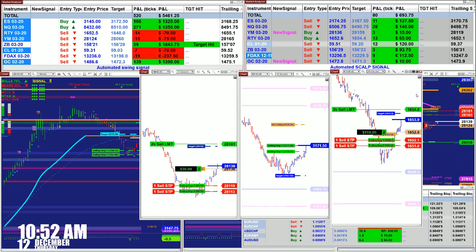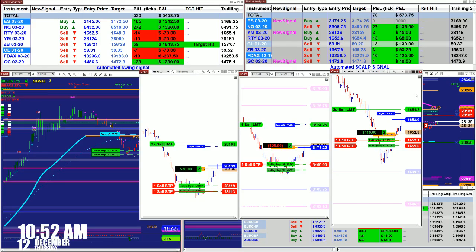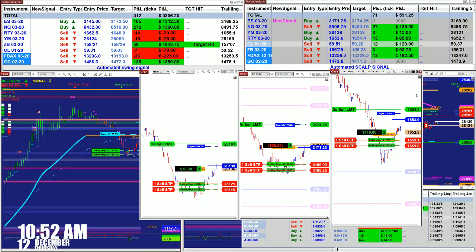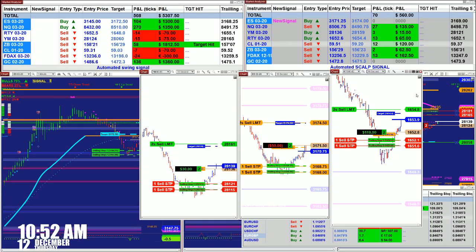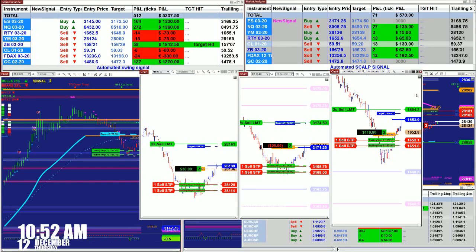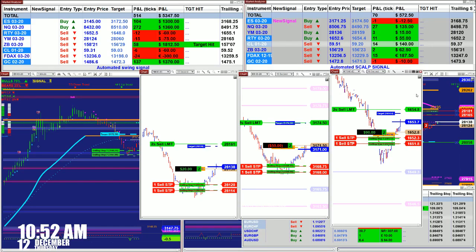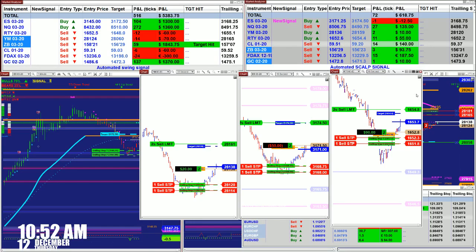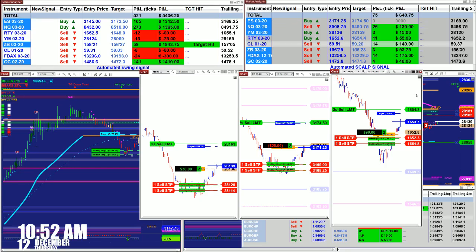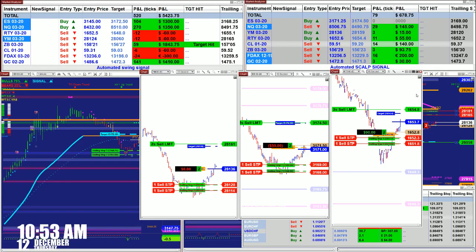There we go, beautiful. And the YM and ES already started taking a trade to the long side, and this is where the turbulence is going to start developing. So it was a beautiful day, very nice day. On the way up, made tons of ticks, and on the way down, made tons of ticks as well.